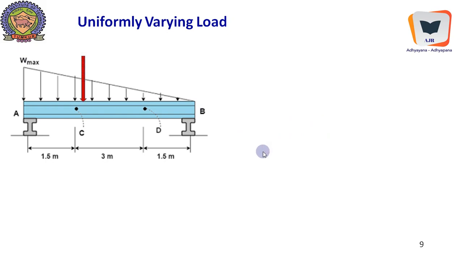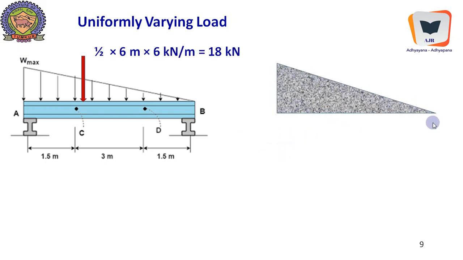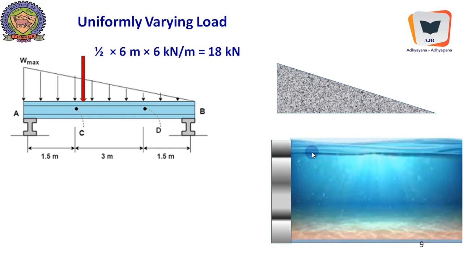Such a situation can be obtained when we construct some kind of triangular wall on a beam, or typically the water pressure distribution over a wall, let's say of a water tank, is triangular in nature, with zero intensity of pressure over here and reaching maximum intensity over here, and the value of this particular arrow will be equal to height multiplied by the density of water, that is 10 kilonewton per meter cube.